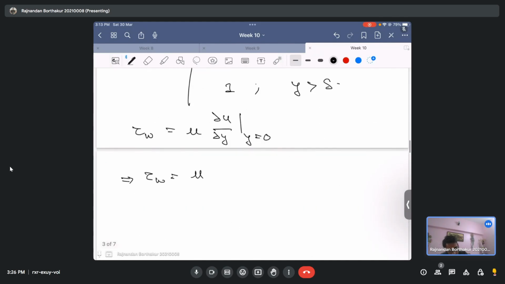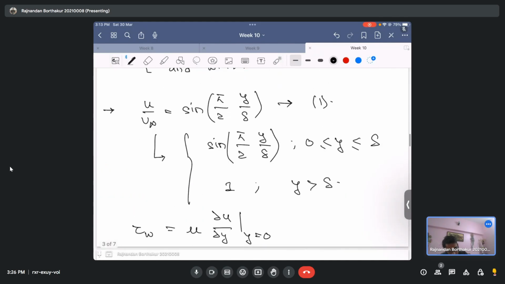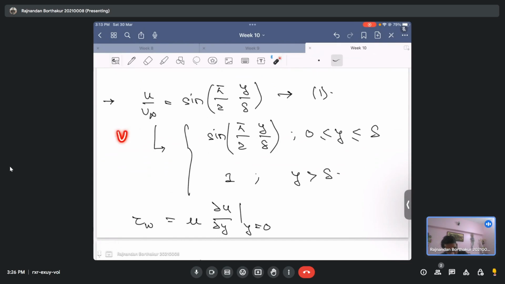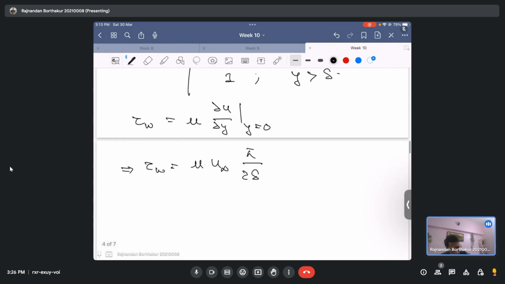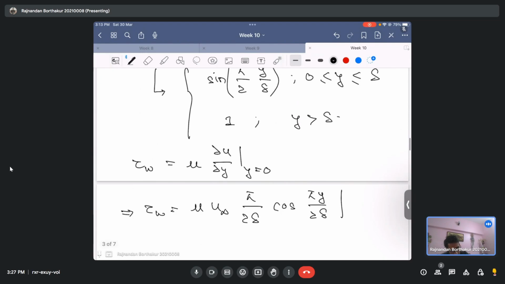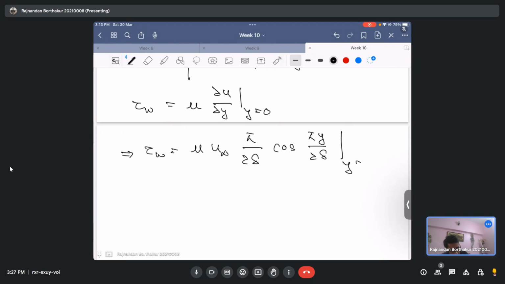So this u infinity will come out, because u is basically u infinity times sine of this function. So there will be a u infinity here, and the constant pi by 2 delta will come out, and then we will have cos of pi y by 2 delta, which needs to be evaluated at y equal to 0.